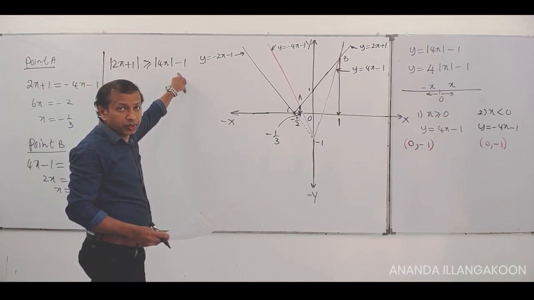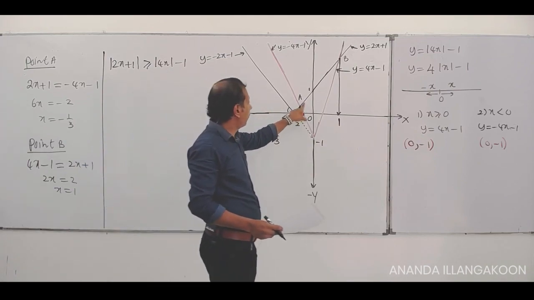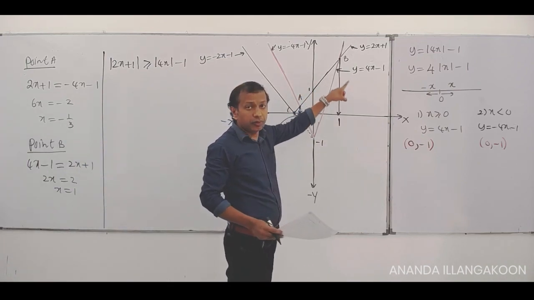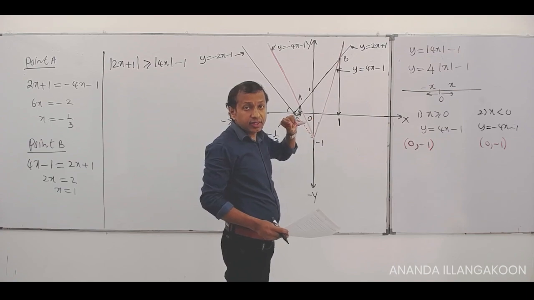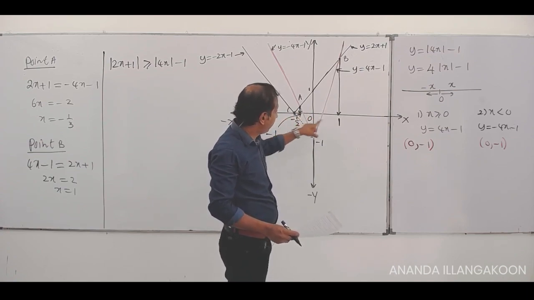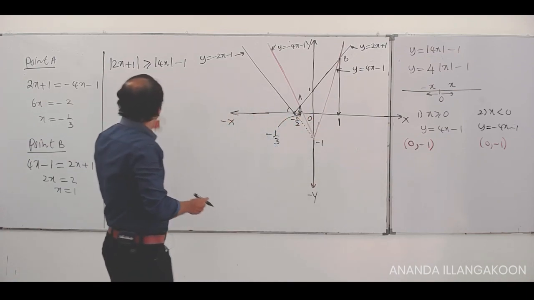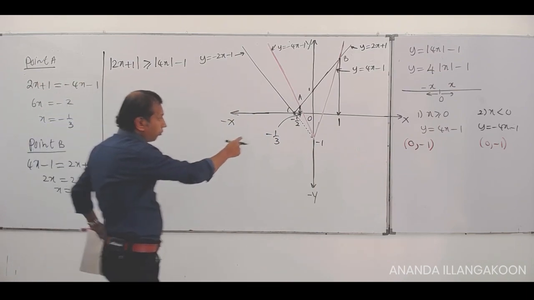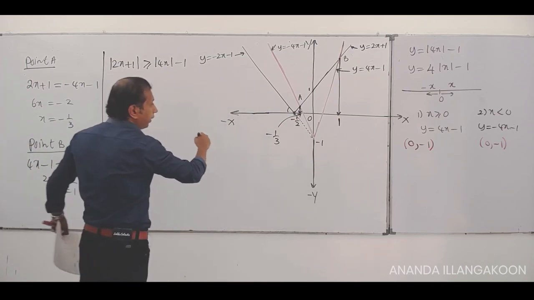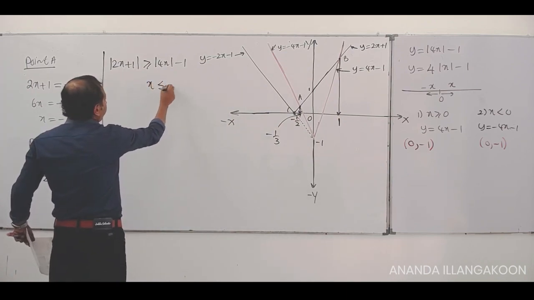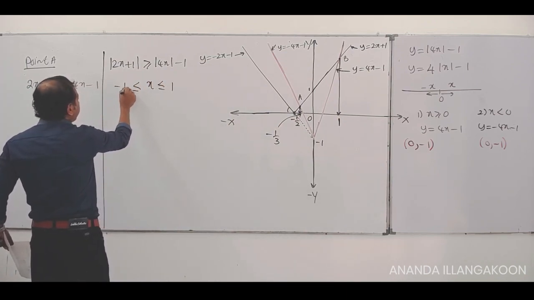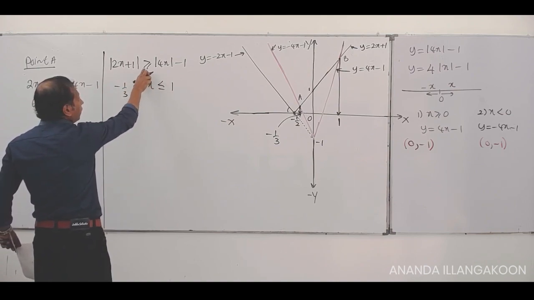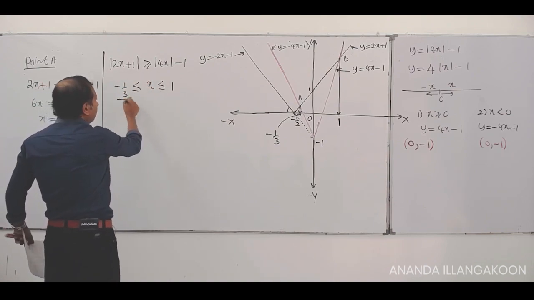The black one is above the red one between A and B. In x terms, this happens between minus 1/3 and 1. This point is minus 1/3. So x is less than or equal to 1 and greater than or equal to minus 1/3. Here we take the equal sign because the question asks for it. This is the answer for that.